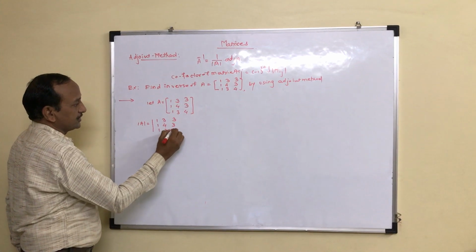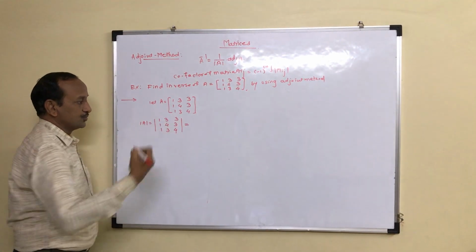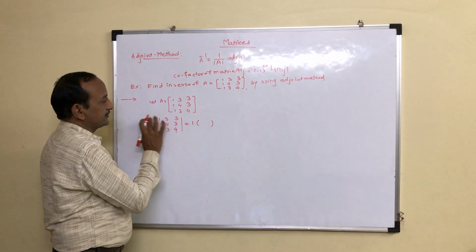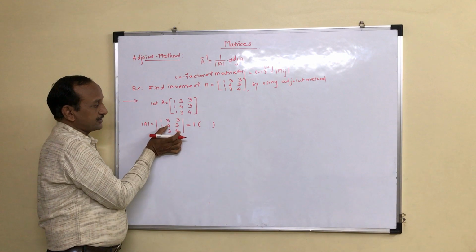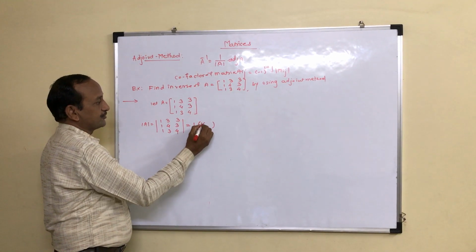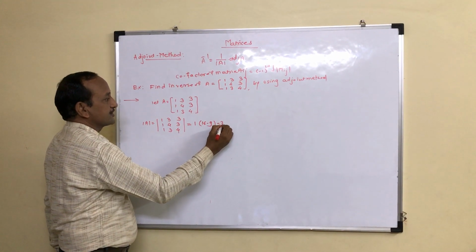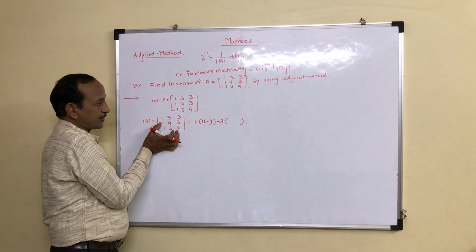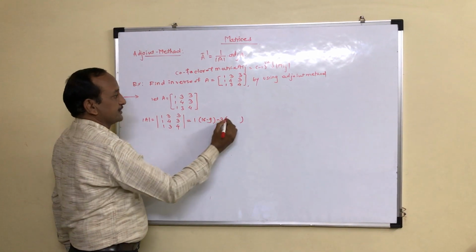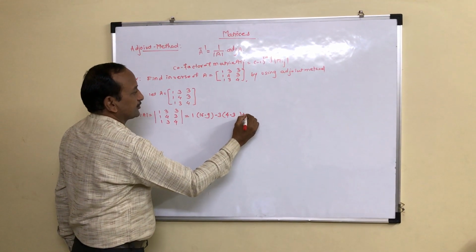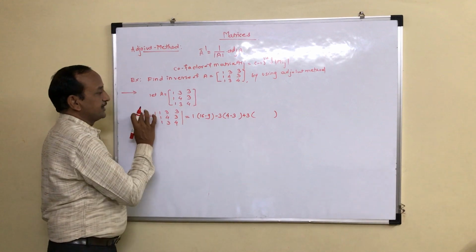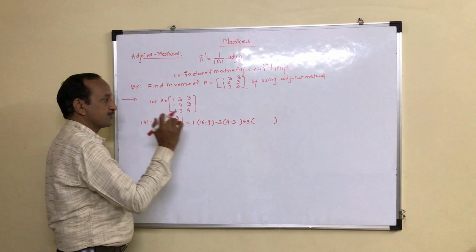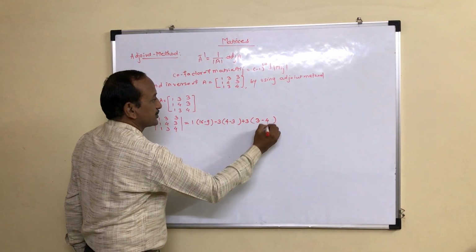Now first find the value of the determinant of A. Expand this determinant: 1 into bracket, delete first row first column, take the product, it is 16 minus 9, minus 3 times, delete first row second column, it is 4 minus 3, plus 3 into bracket, delete first row third column, it is 3 minus 4.